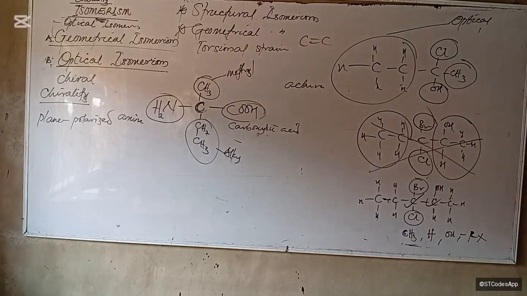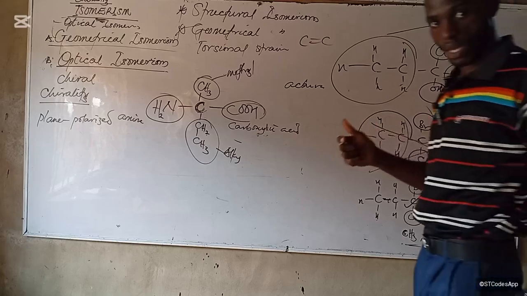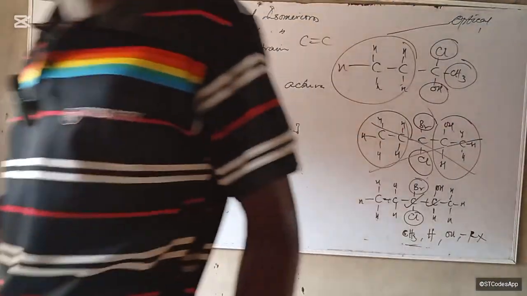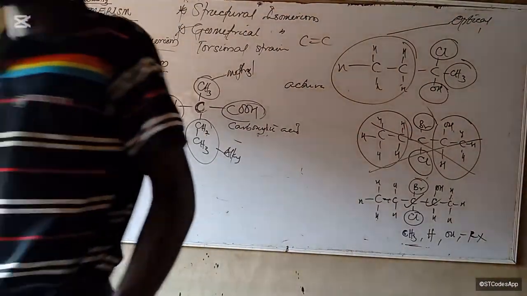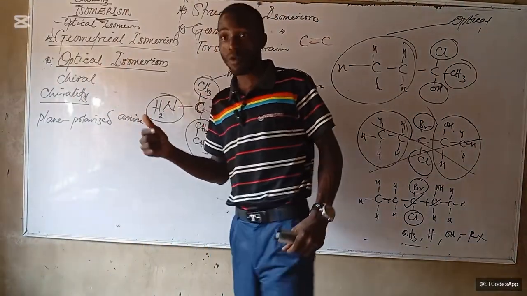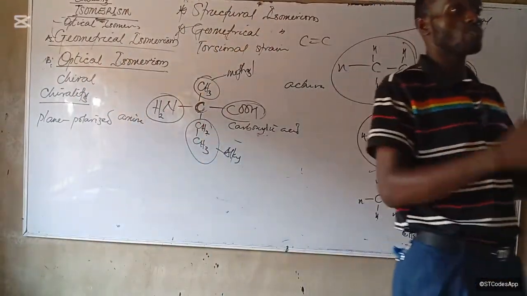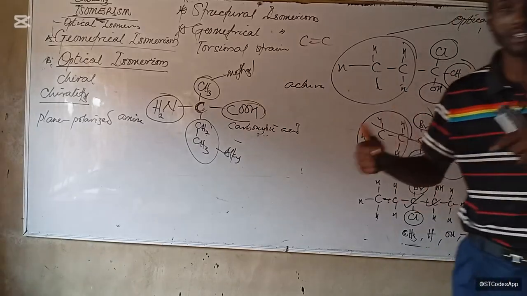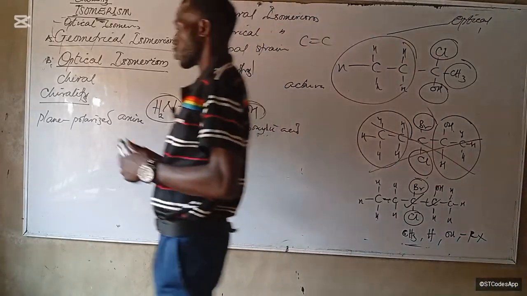What did we say? Two optical structures that are what? Non-superimposable mirror images of each other.